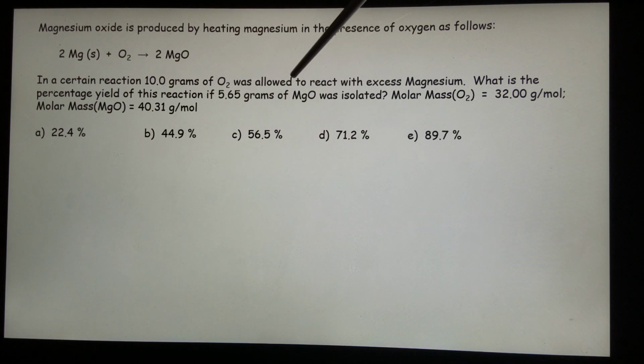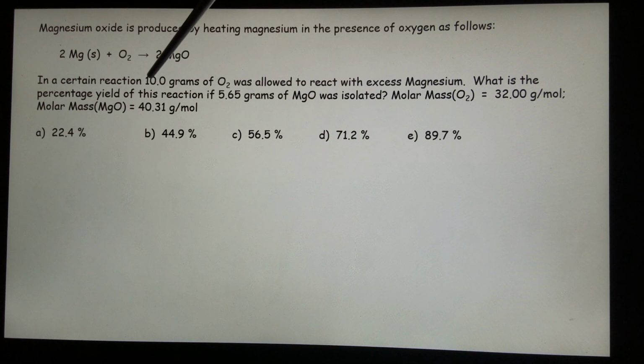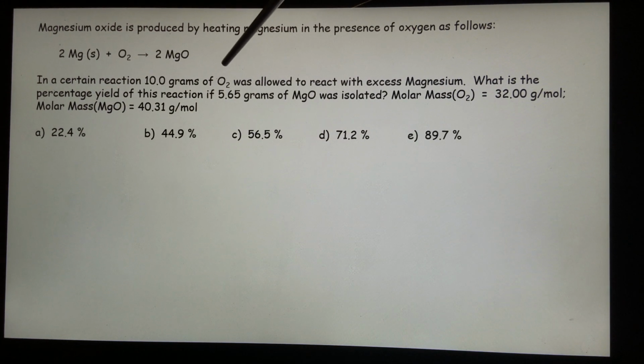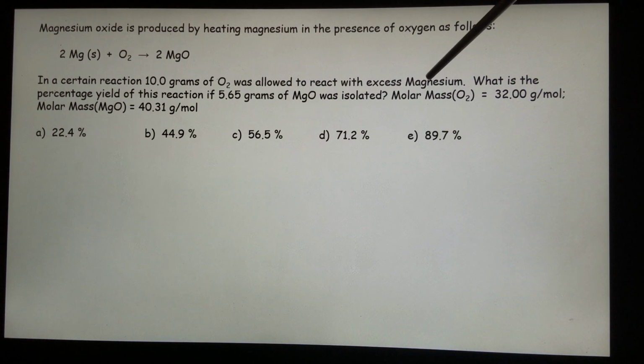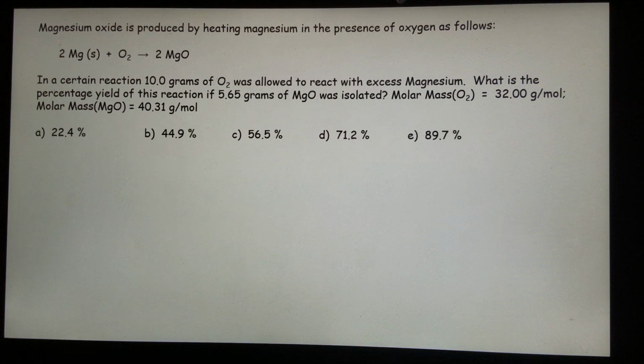But in this case, it already indirectly tells us that oxygen is the limiting reactant. Okay, that's good. We save some work.